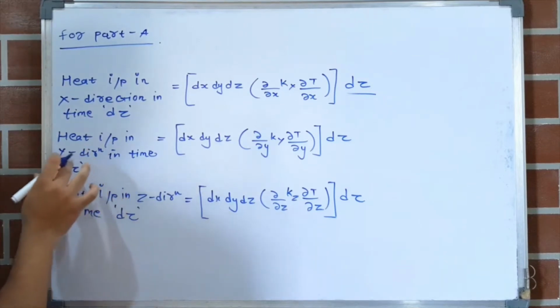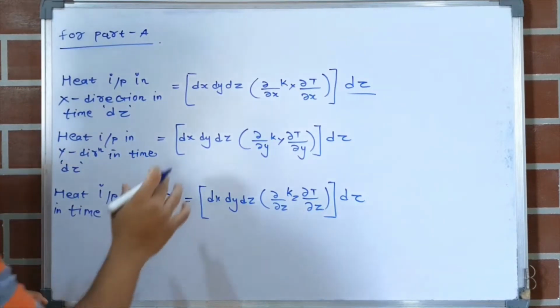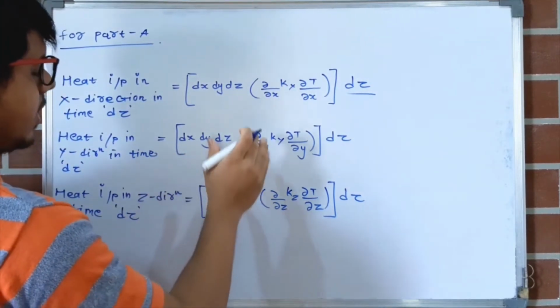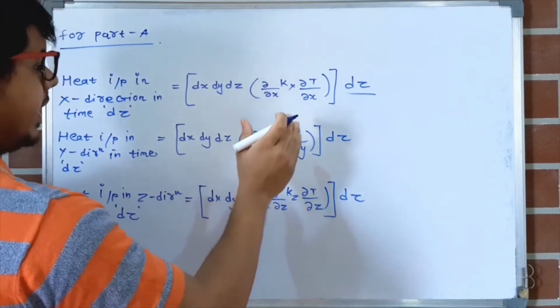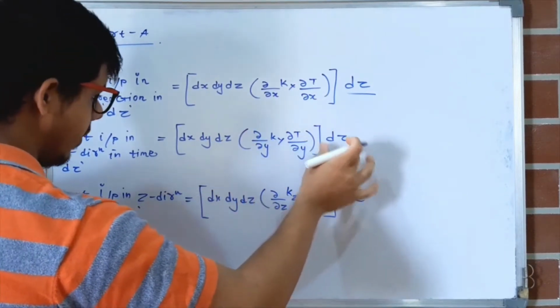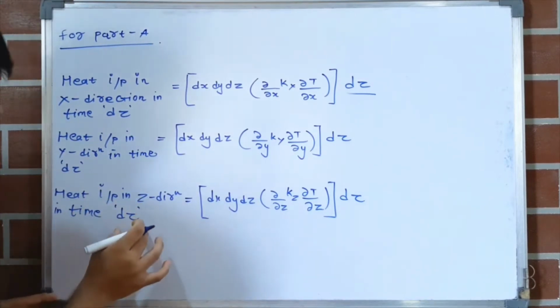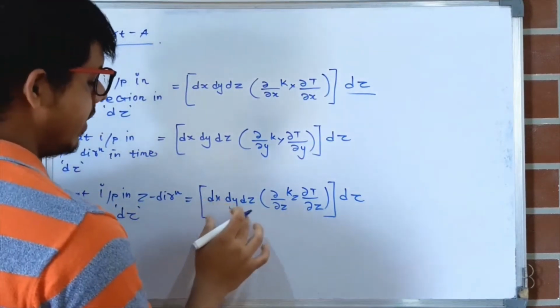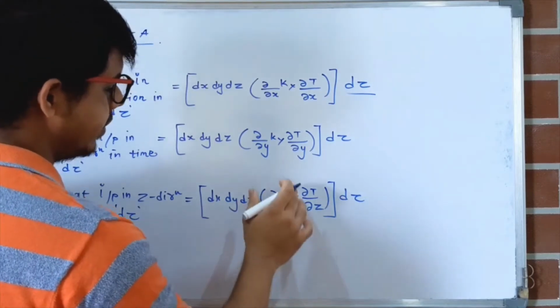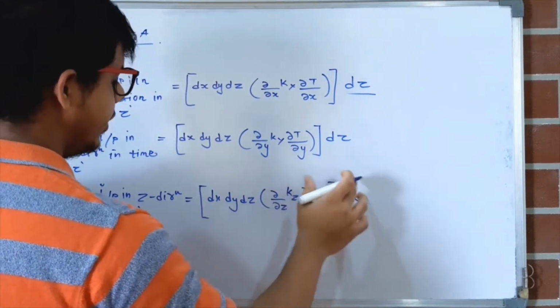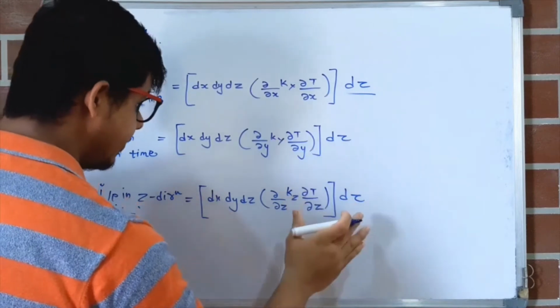Similarly, heat input in the y direction will be dx dy dz into del by del y of ky del t by del y, into d tau. Similarly, heat input in the z direction in time interval d tau will be dx dy dz into del by del z of kz del t by del z, into d tau. This is for part A.